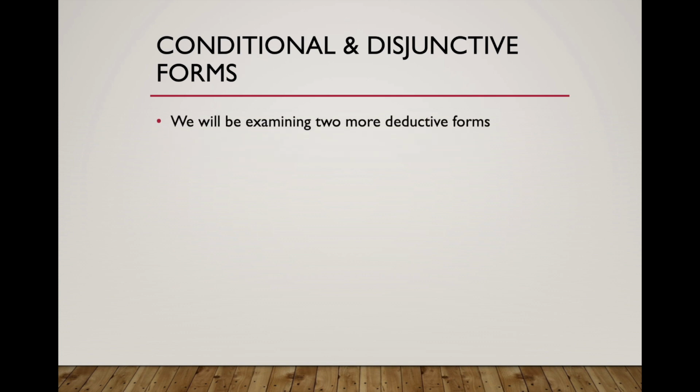These are governed by rules of inference, and we determine their validity based on their form, that is, the structure of the relationship between the premises in the argument. Conditional arguments we can recognize because they're signaled by the if-then logical operator.